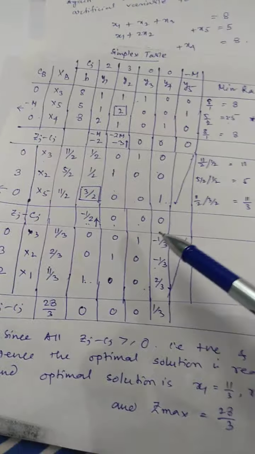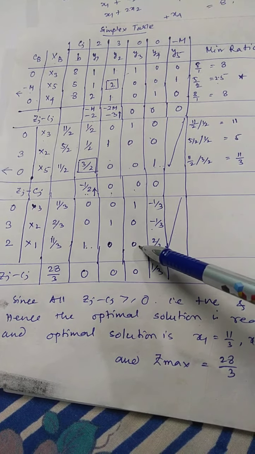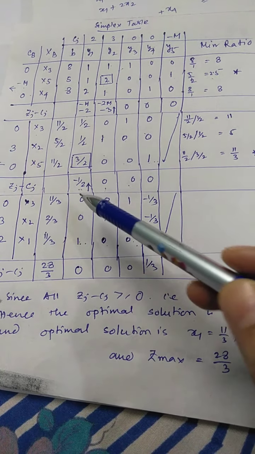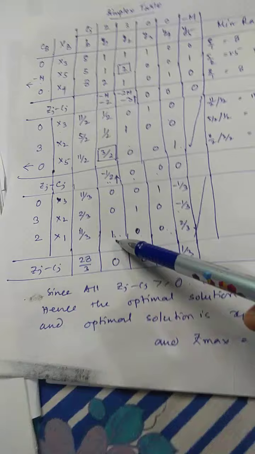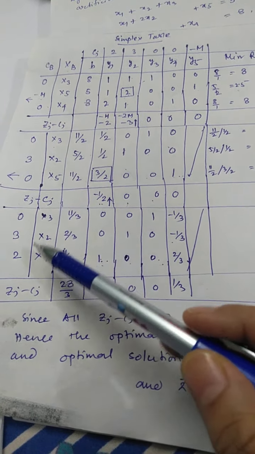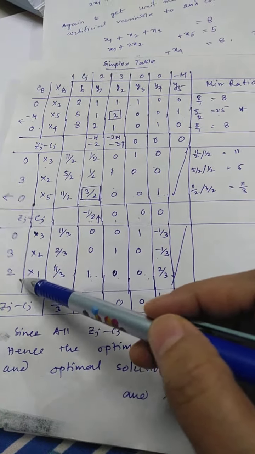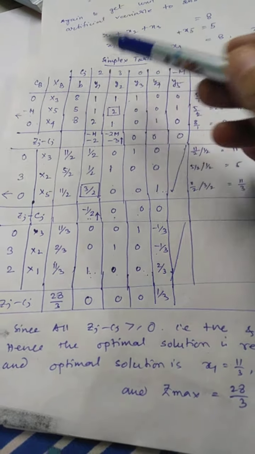And now we get 1 0 0 as the first basis, 0 1 0 second basis, and 0 0 1 third basis. And according to that we write first x3, then x2, then x1, and the corresponding costs are 0, 3 and 2.